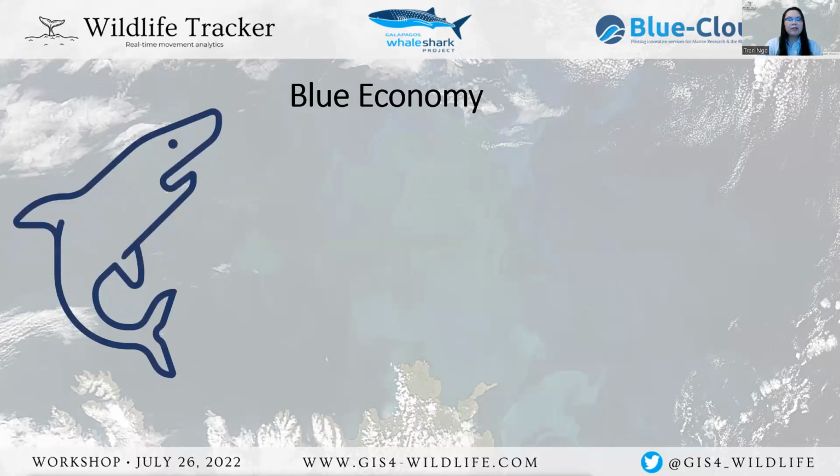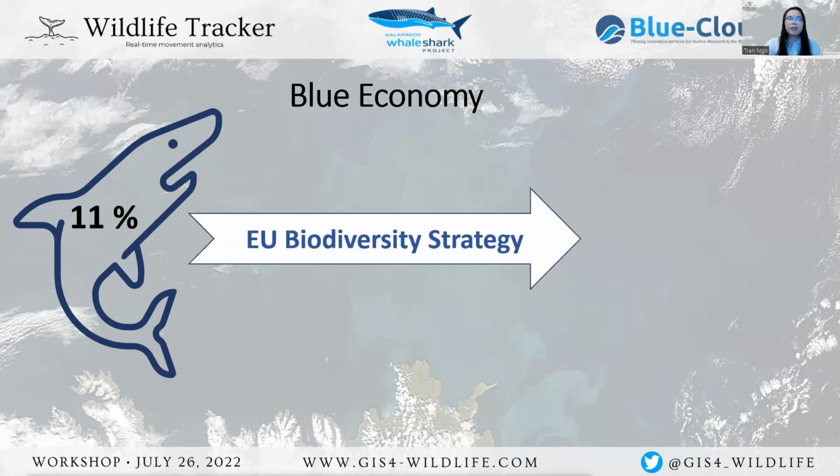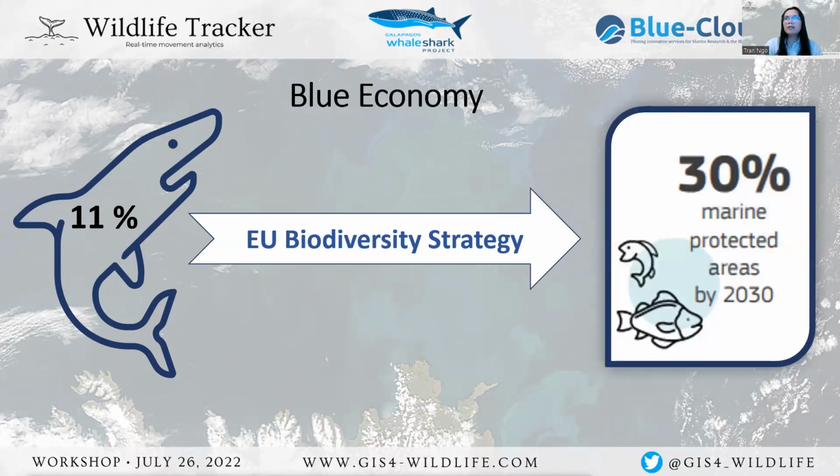According to the European biodiversity strategy, currently only 11% of the ocean is marine protected area coverage. And for sustainable growth, the target is to expand the marine protected area to 30% by 2030.